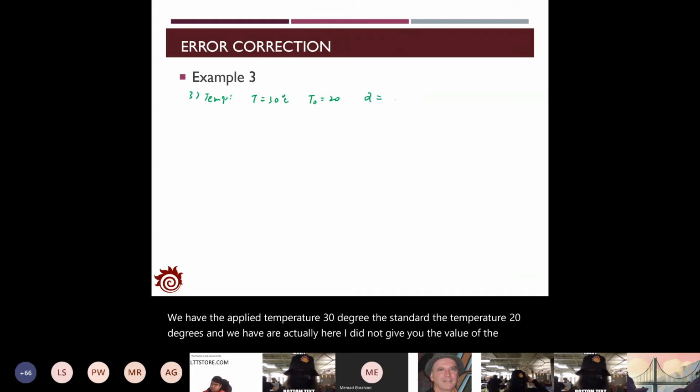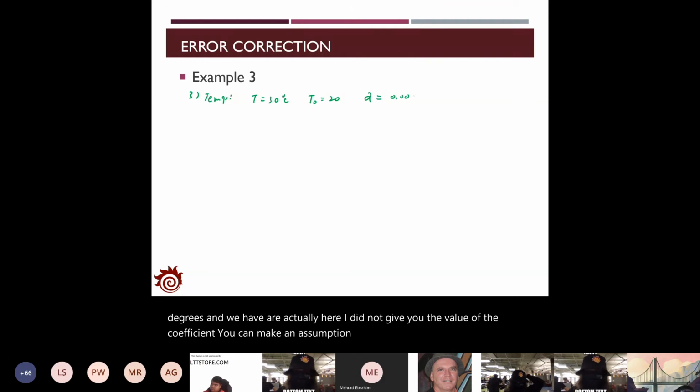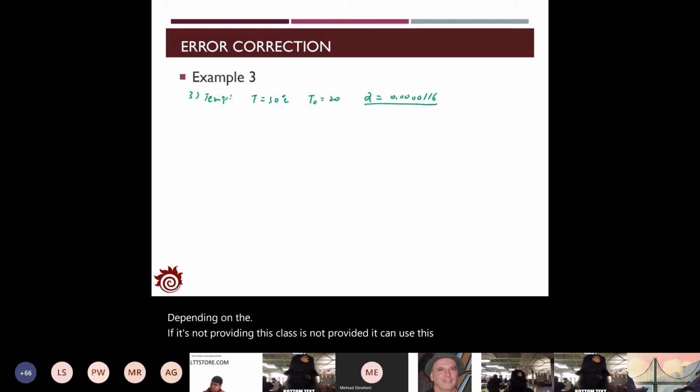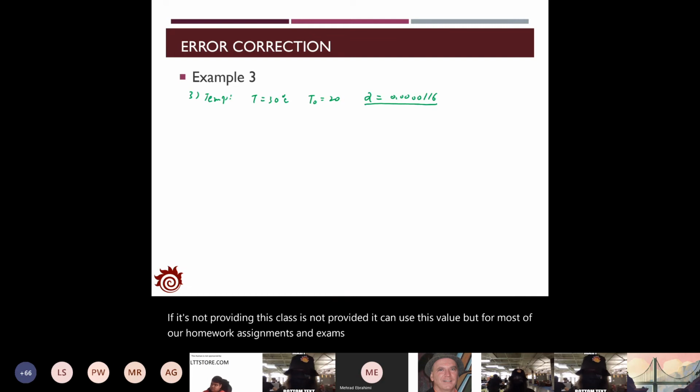If it's not provided, you can use this value. But for most of our homework assignments and the exams, I will give you the values. This problem just did not provide the information.